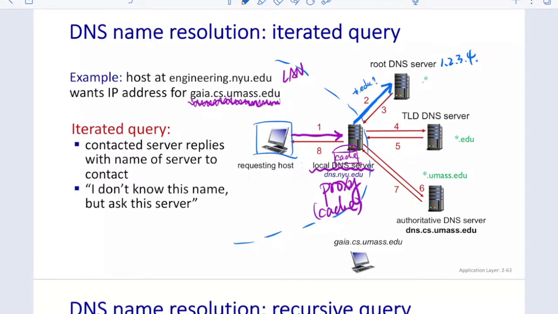And then the server, okay, 1.2.3.4 will respond that 5.6.7.8 is responsible for .edu. So this one is 5.6.7.8.